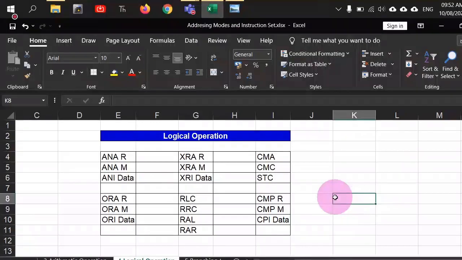Because if subtraction is there, it might be that you are subtracting a bigger number from a smaller number, in which case the sign flag has to be set, or the result of subtraction might be zero, in which case the zero flag might be set. So flag registers will be affected by this subtraction operation, but the result of subtraction, which was to be stored in the accumulator in the regular subtraction command, will not be stored in the accumulator. Only comparison will be done, and you can see the comparison's result in the flag register.